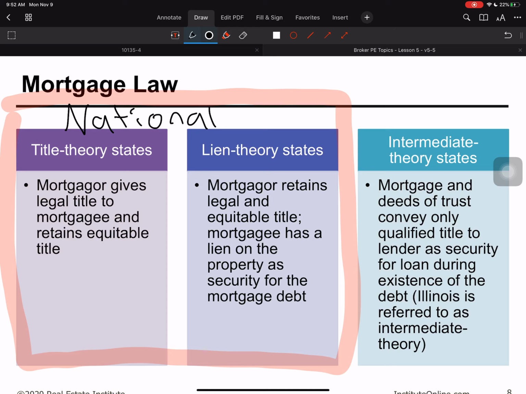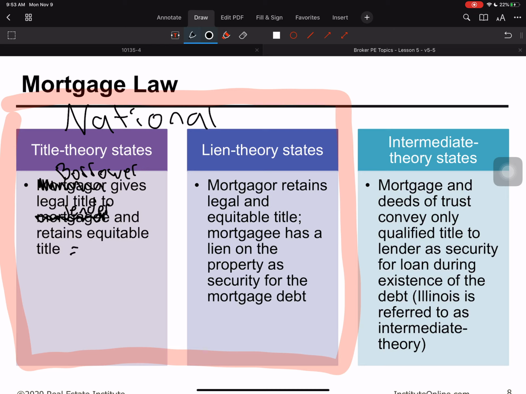In a title theory state, the mortgagor, the borrower, gives legal title to the mortgagee, the lender, and retains equitable title.